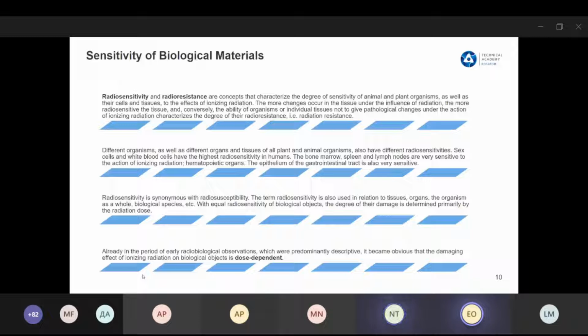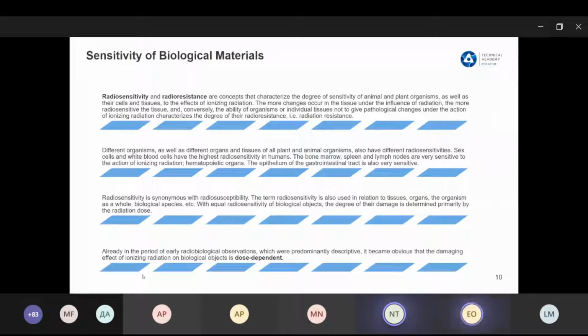Study of the activity of physiological systems, in particular the nervous one, showed the high sensitivity of the central nervous system to the action of even small doses of radiation on the body. Bone and muscle tissues are the least sensitive to the action of ionizing radiation. They are the most radioresistant.